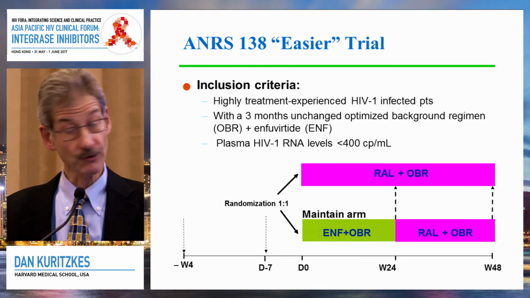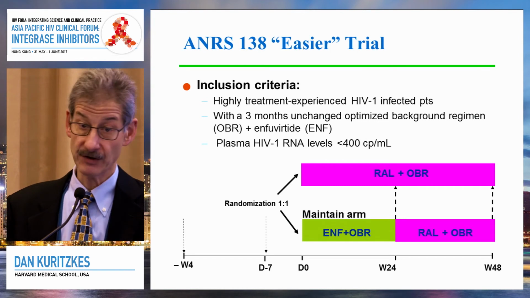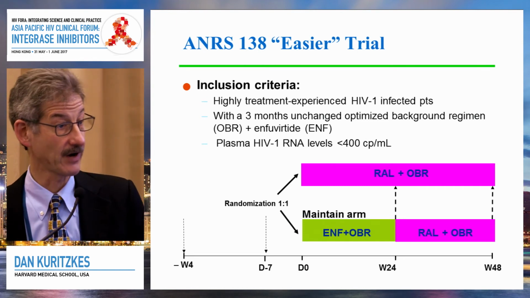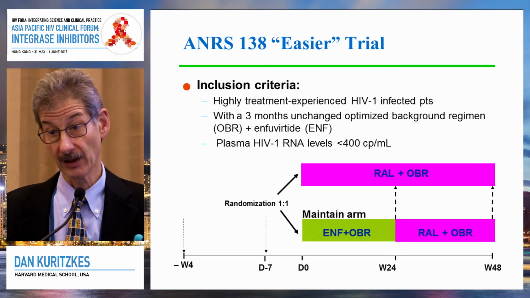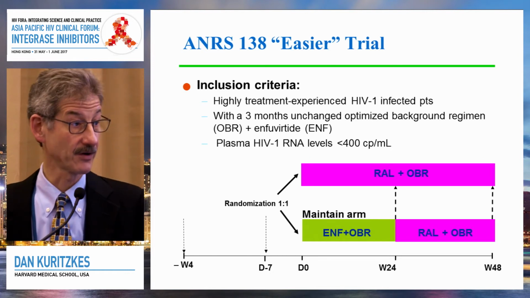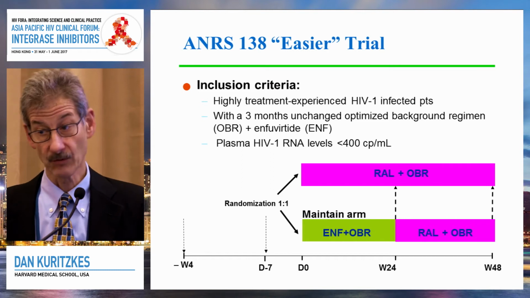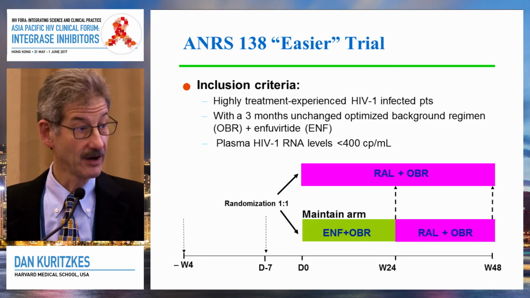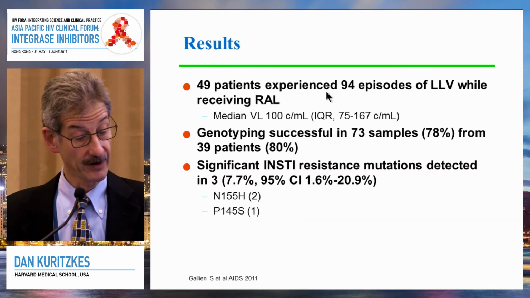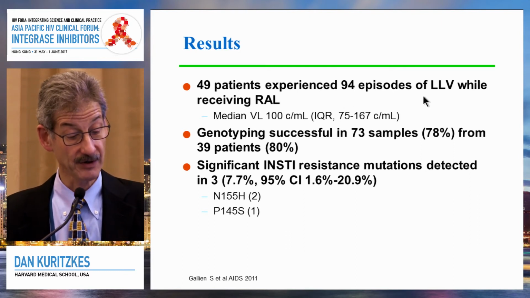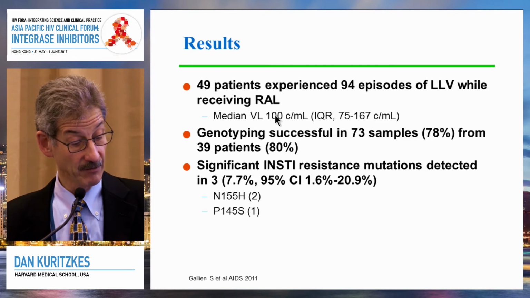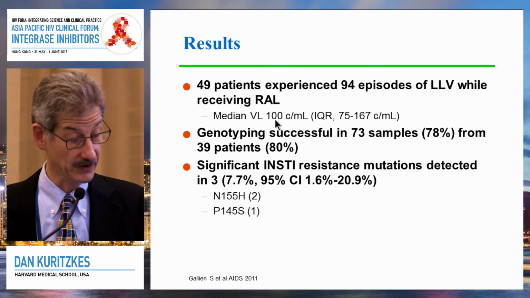And in the main trial, they had genotyped patients who had virologic failure if their virus loads went above 1,000 copies, but not those who had lower level of virologic failure. And so we were interested in asking, well, what about those people who had low level of virologic failure? There were 49 such patients who had 94 episodes of low-level viremia with a median virus load that was really quite low, just 100 copies.